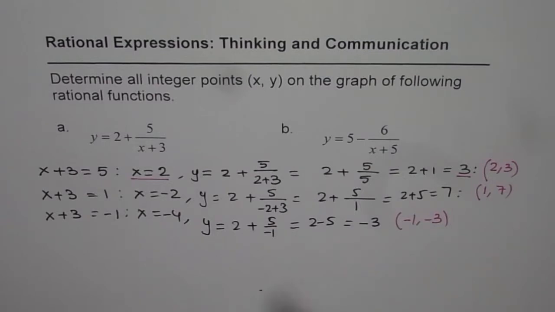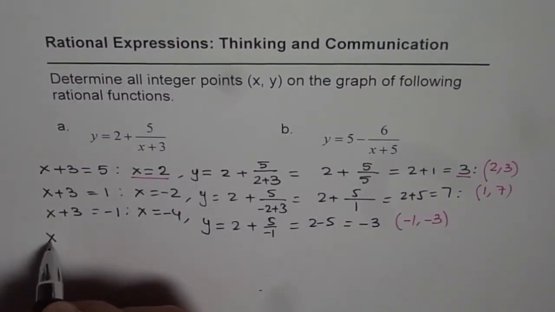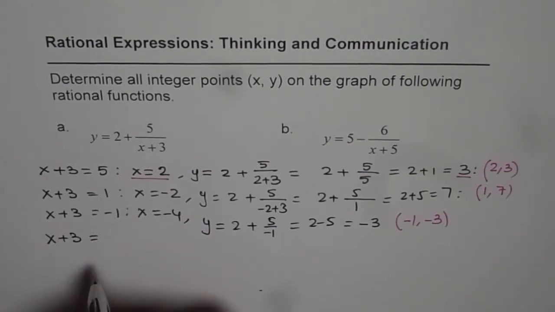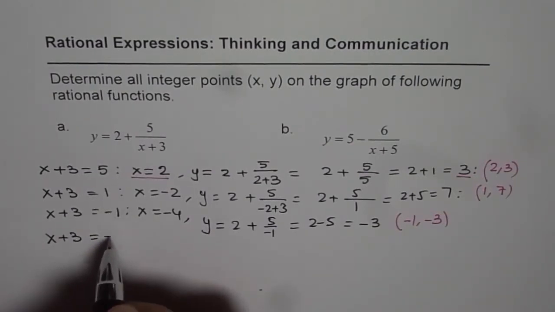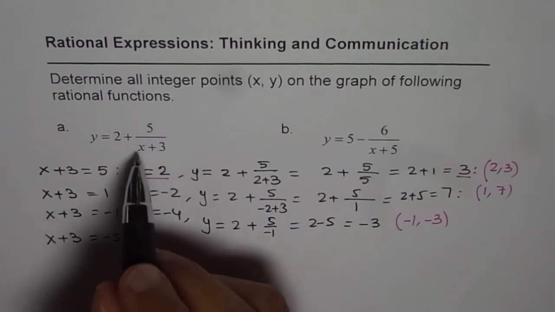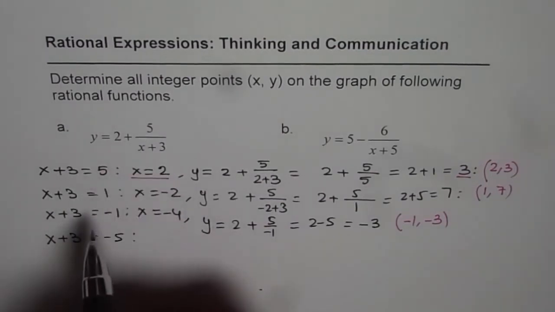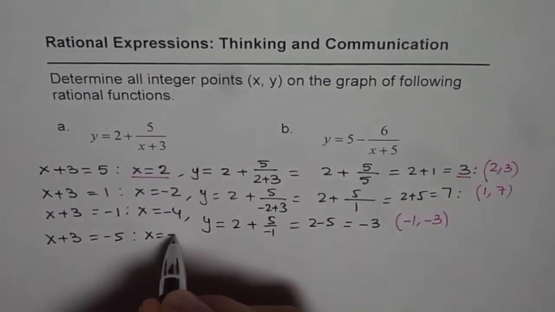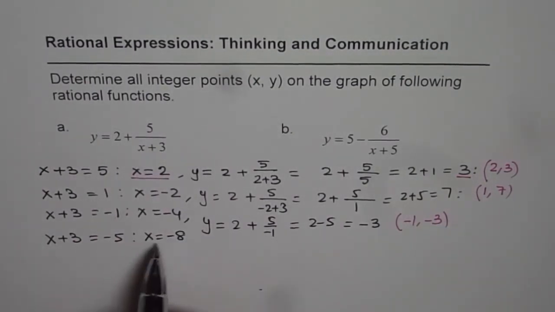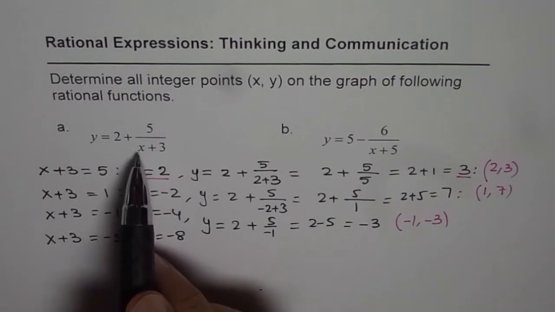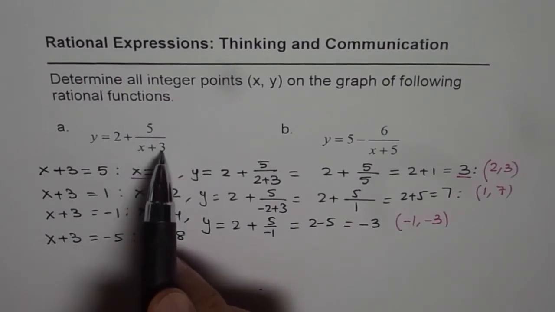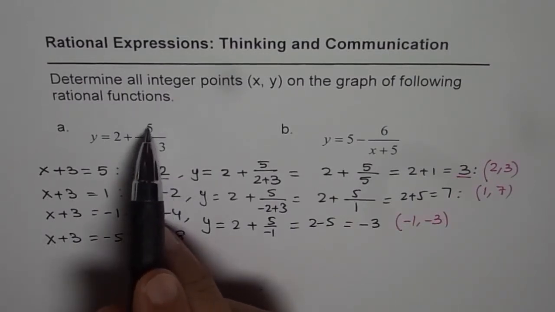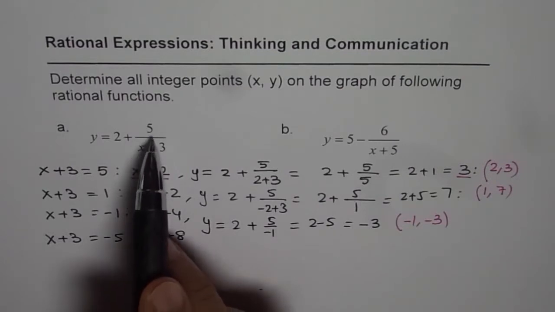Well, if you wish, you can do all the steps. The other option could be x plus 3 equal to minus 5. That means x should be minus 8, right? Now if I substitute minus 8 for x, I get minus 8 plus 3 as minus 5. 5 divided by minus 5 is minus 1.